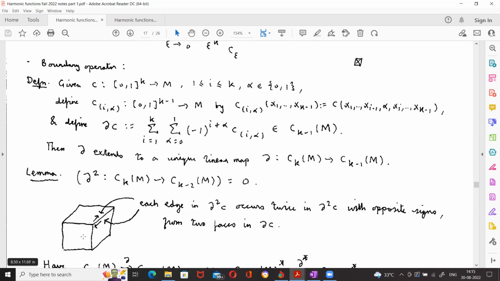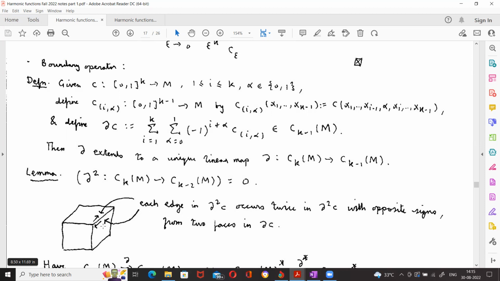Boundary squared is going to go from 3 chains to 1 chains. But what happens is that when I look at boundary squared of this cube, each edge, each one cube, is going to occur twice from 2 faces in boundary C. And as you can see in this picture, it's going to occur twice, but with opposite orientations. And so they will cancel out.